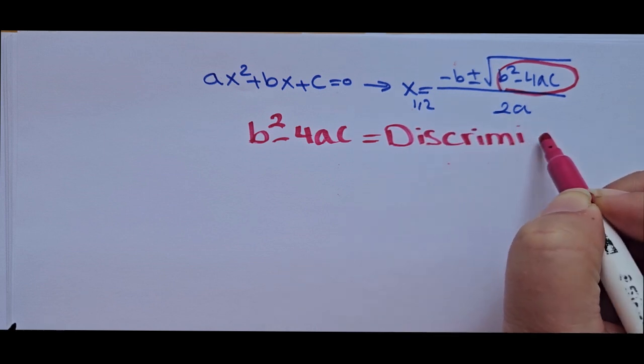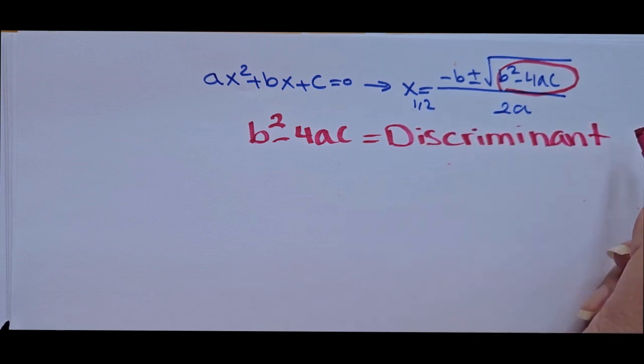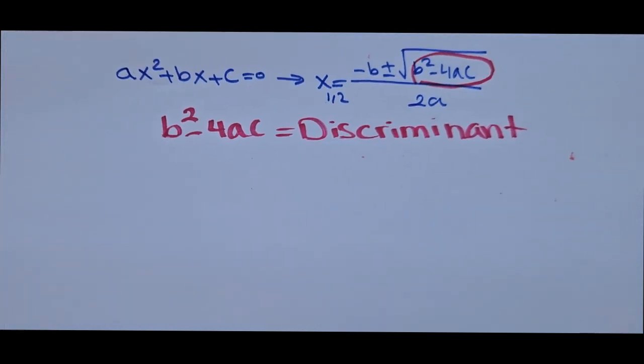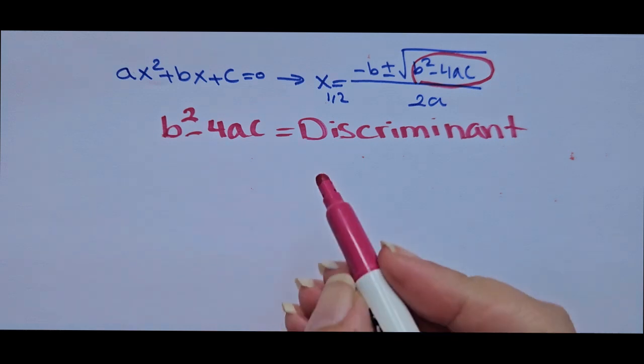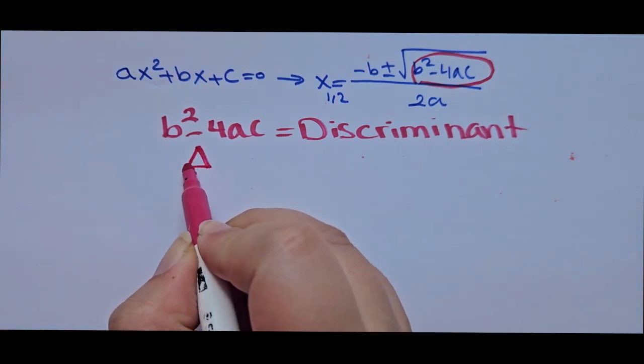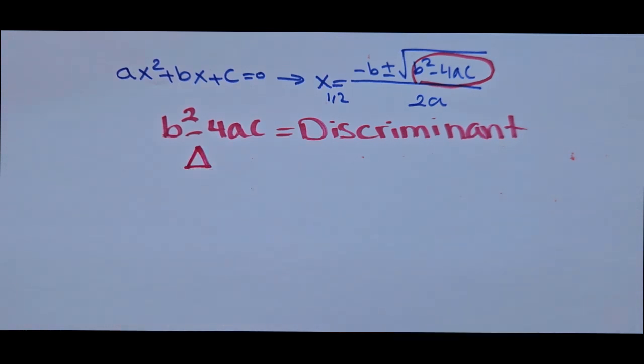This is very important, and it gives us a hint. It gives us an idea of the nature of the roots without actually finding the exact roots. So b squared minus 4 times ac, for a quadratic equation, is called the discriminant, and most of the time they use a triangle symbol to show it, okay?